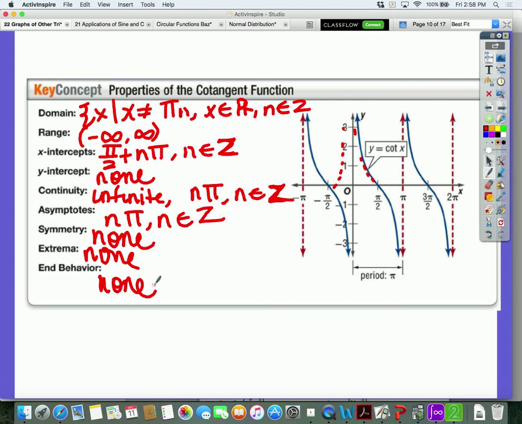I'm just trying to imagine what it would be if it flipped over the origin. Every point that I make... Origin symmetry.